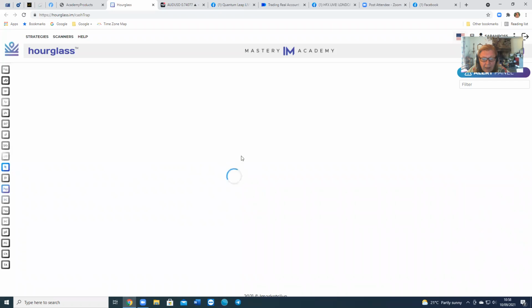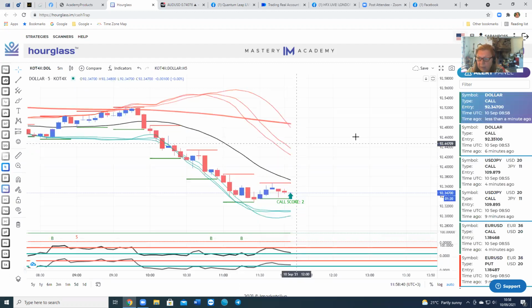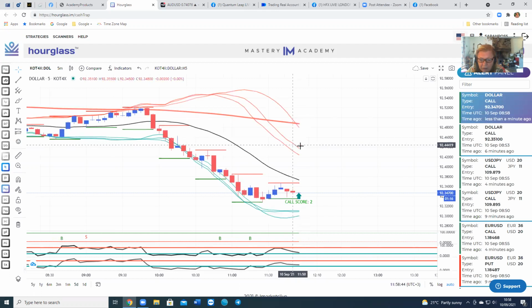We've learned from the experts something called the market timing strategy, and how pairs and prices move at those particular times. This is the dollar, saying the dollar is gaining in strength at the moment. That would not be good for us to take Australian dollar for a call, because it's saying the US dollar is going up. If that's going up, it will force the Australian dollar down at the moment.